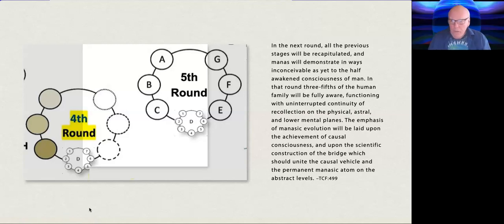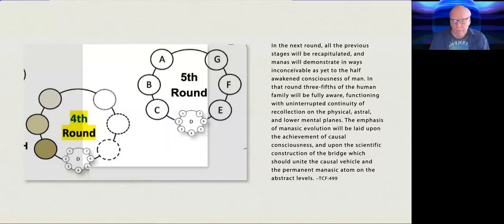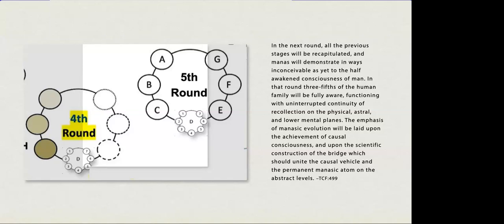In the next round, all the previous stages will be recapitulated, and Manas will demonstrate in ways inconceivable as yet to the half-awakened consciousness of man. In that round, 3/5 of the human family will be fully aware, functioning with uninterrupted continuity of recollection on the physical, astral, and lower mental planes.